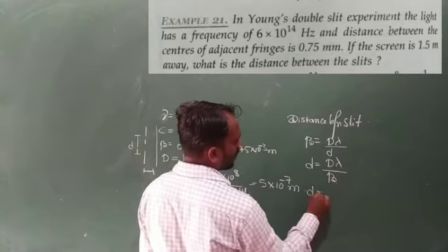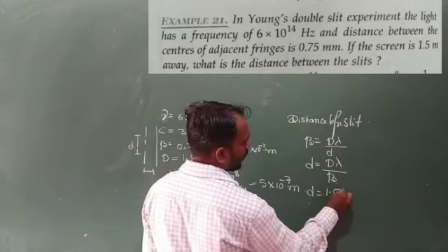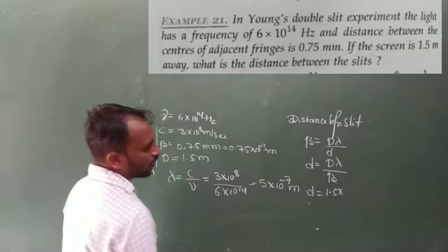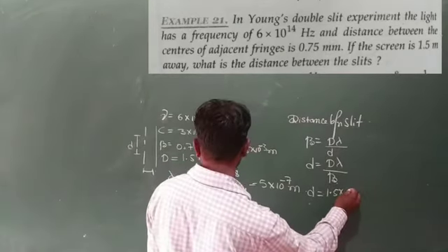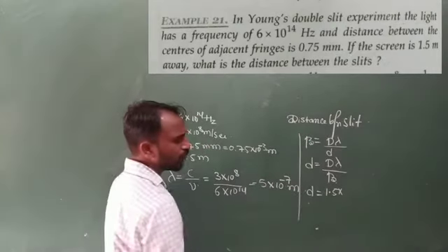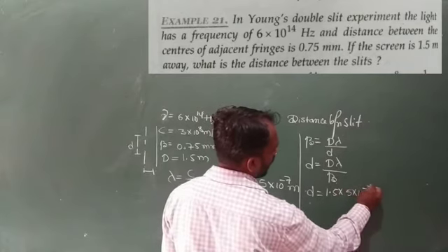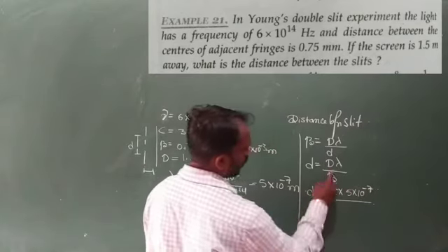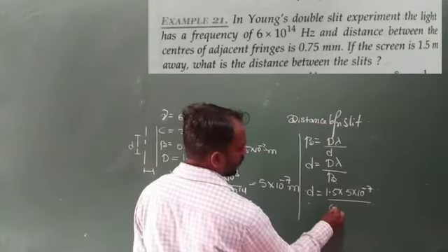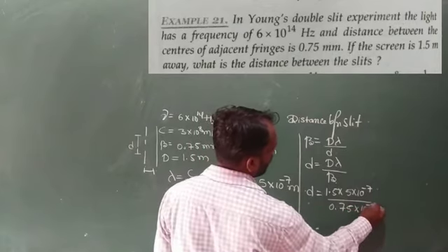So D is already given as 1.5 meter, multiplied by the lambda value we already calculated, 5 into 10 power minus 7 meter, divided by beta. The beta value is 0.75 millimeter, which means 0.75 into 10 power minus 3.